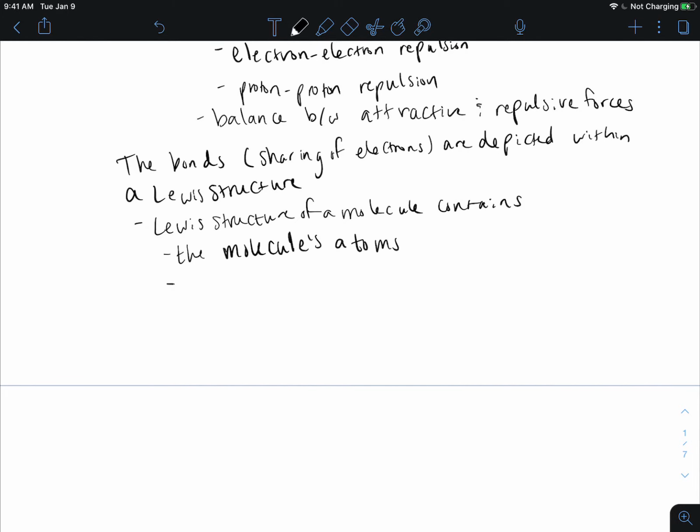It also includes all the atoms' electrons. Well, specifically valence electrons. So no core electrons.